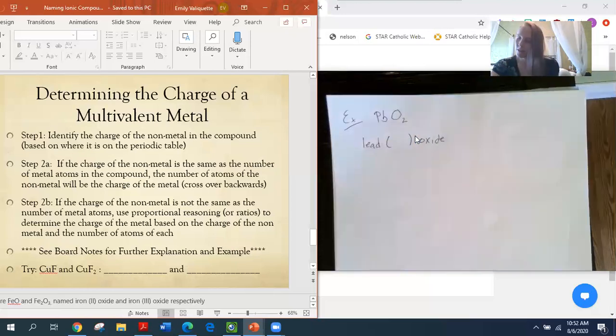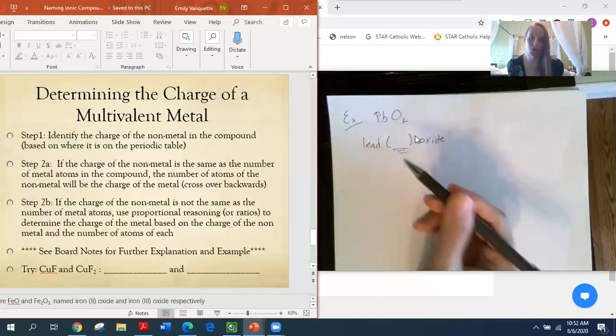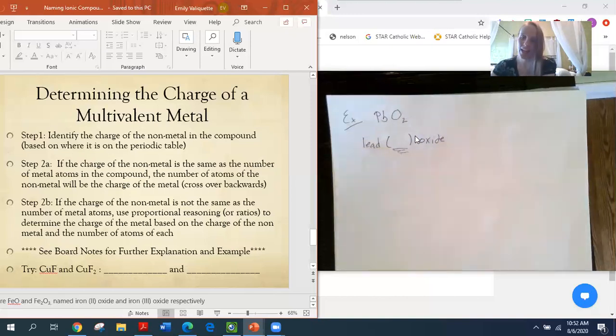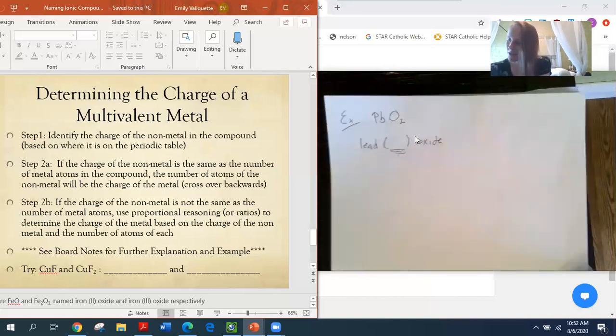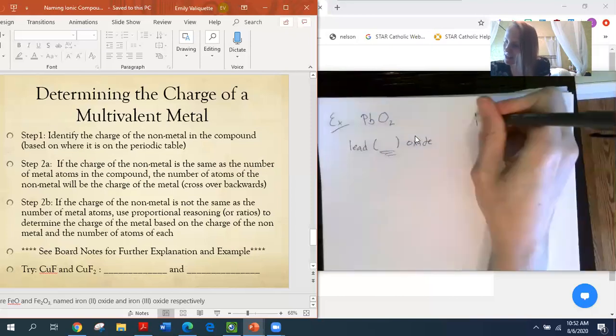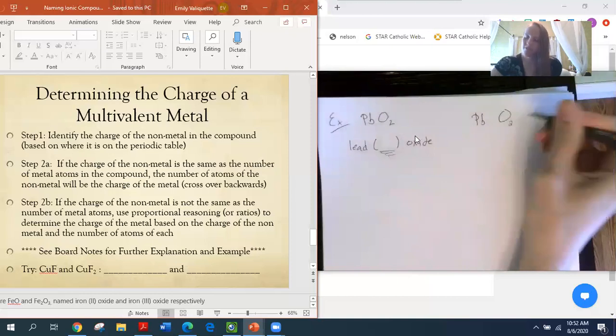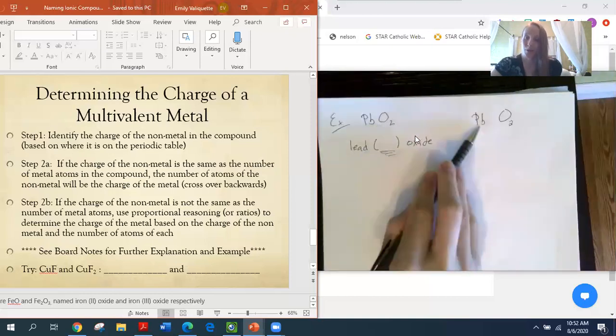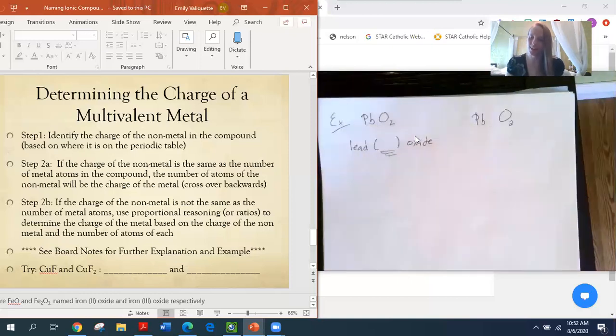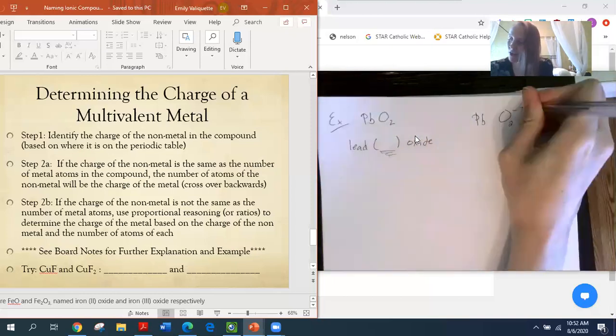But then we have to figure out what is that Roman numeral going to be. And to do that, we use our reverse crossing over. So I'm going to go off to the side over here. And I'm just going to write this, but like separated. And then I'm going to write in the charge of the oxygen. That's the one that I know the charge of.